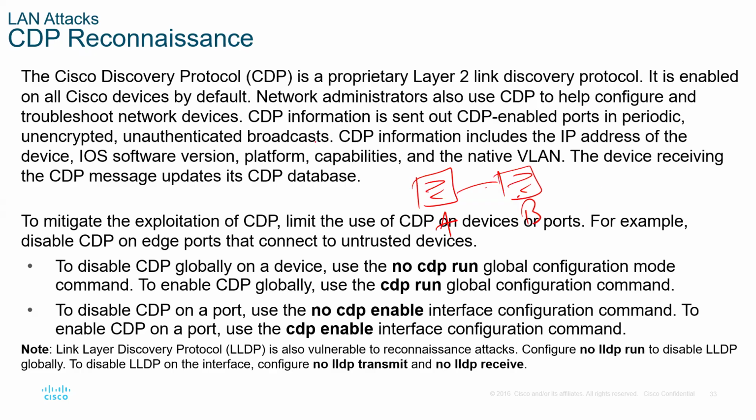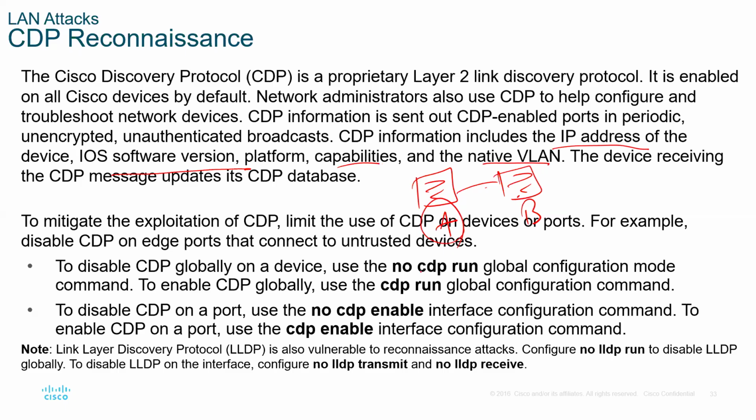Which parameters can we have? Let me see. CDP information is sent out to all ports. It is an unauthenticated broadcast. Its information includes IP addresses, software versions, capabilities, native VLAN.